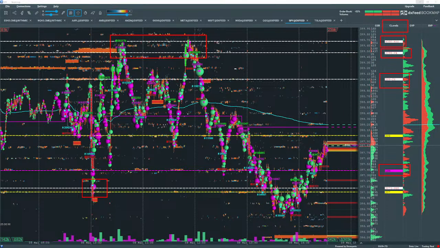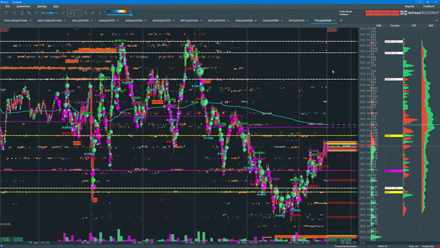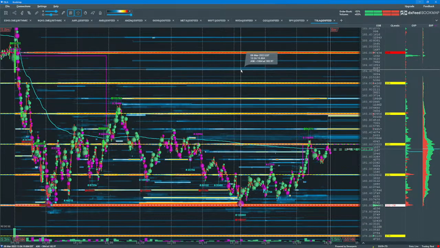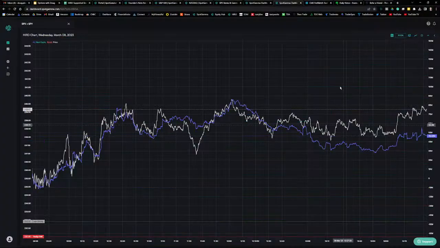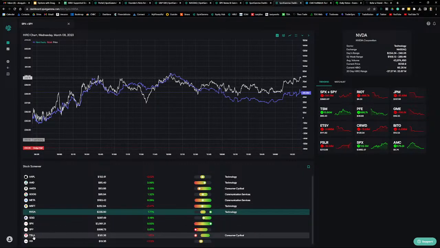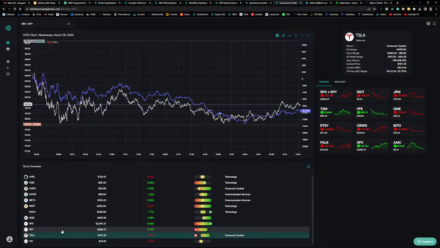And then finally, let's take a look at Tesla. So there's Tesla, a strong drop in the morning. Let's go take a look at Hero. Notice the weak Hero signal right here.